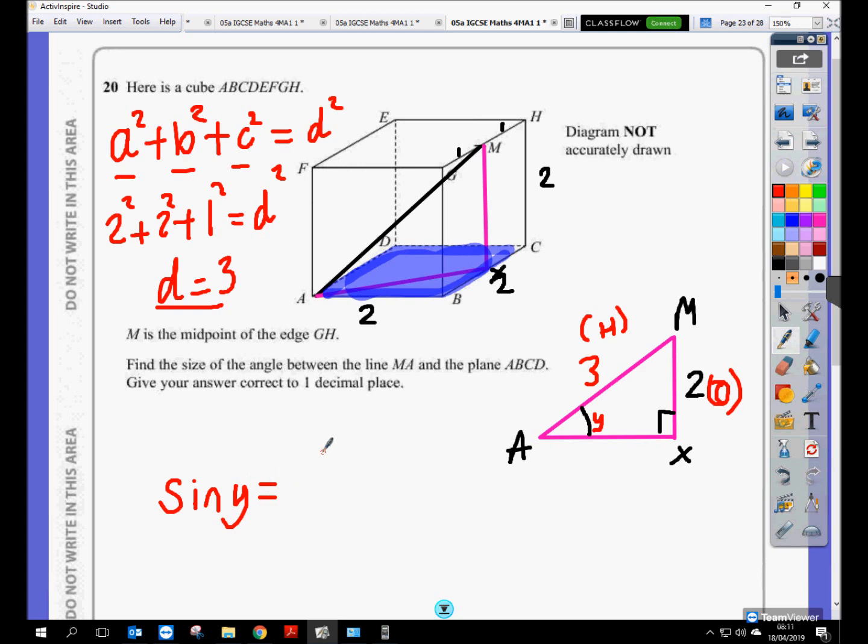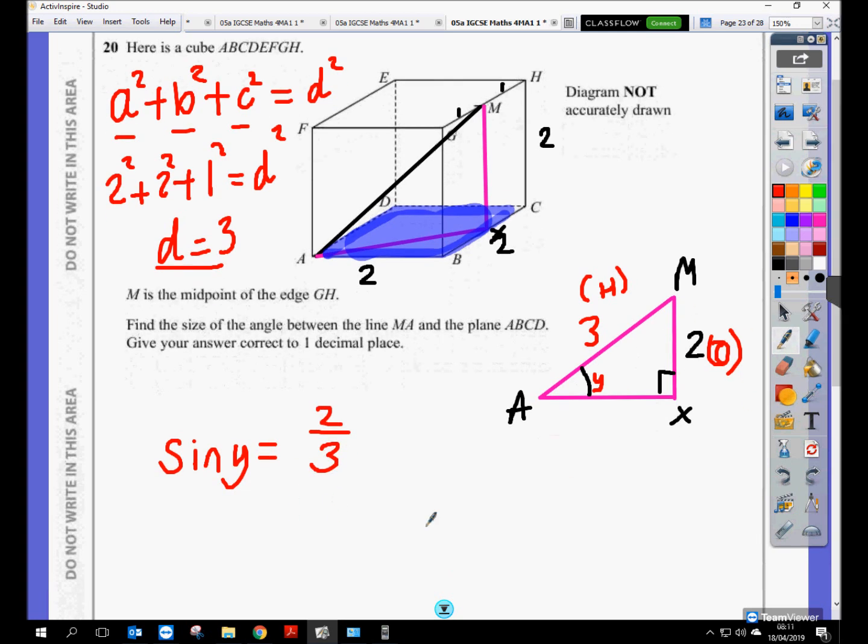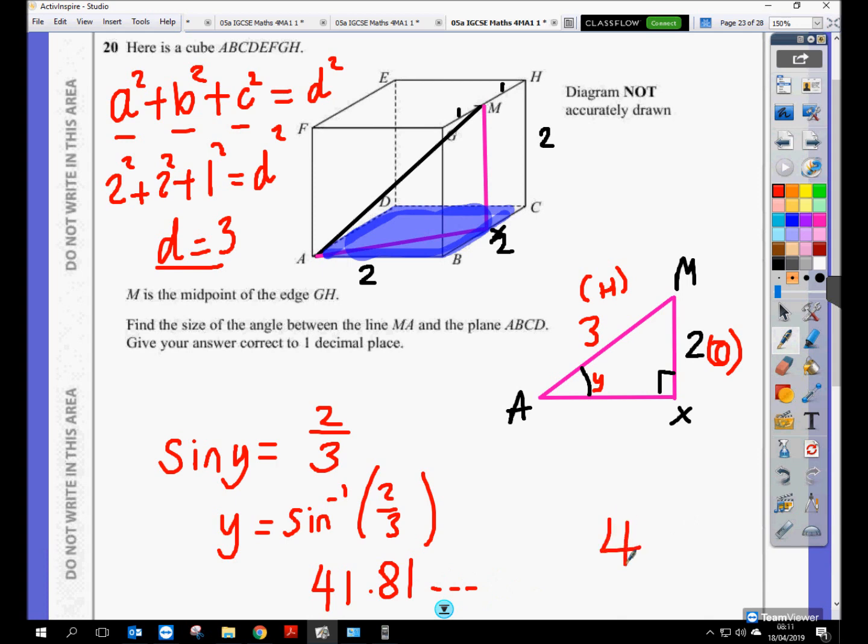Sine y is equal to opposite over hypotenuse. And then y is equal to the inverse sine of 2/3, which is 41.81, etc. And when you round it, it's 41.8 to one decimal place.